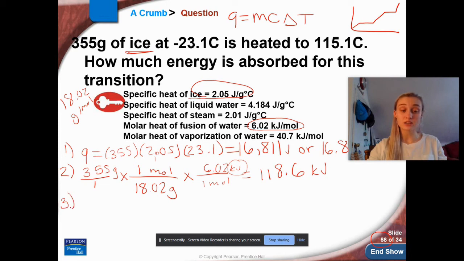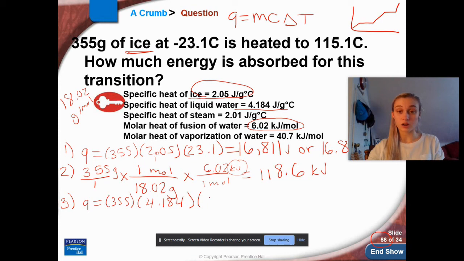Now that we're past the phase change, the temperature is increasing again. We've passed the solid to liquid phase change and we're completely a liquid now. We're just going from 0 degrees to 100 degrees, because we know 100 is the next phase change. So we're going to do another one of these Qs. Q is equal to 355, and this time we use the specific heat for liquid water, 4.184 joules per gram degrees Celsius.